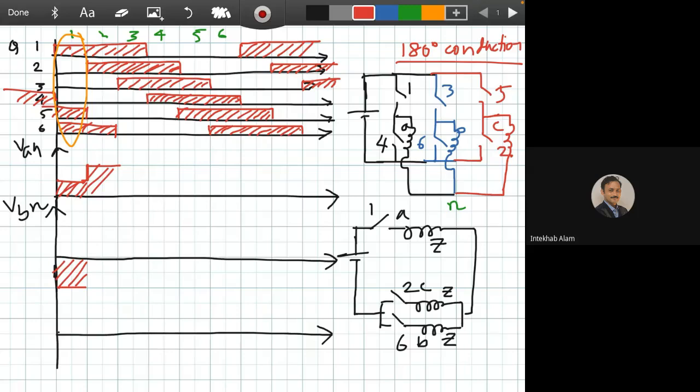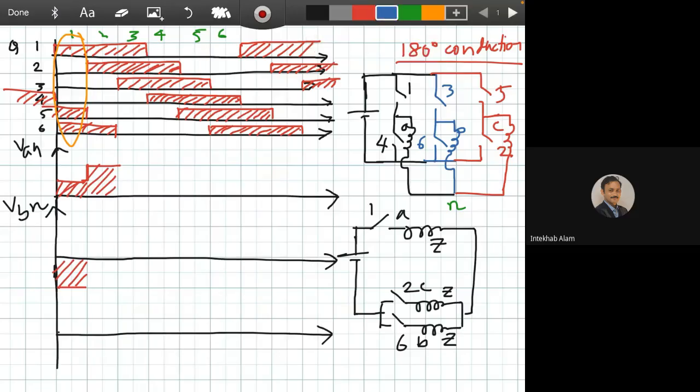Do you have any question? The same KVL or voltage division rule will apply. So the VBN will be minus 1/3. Do you have any question to understand this part?